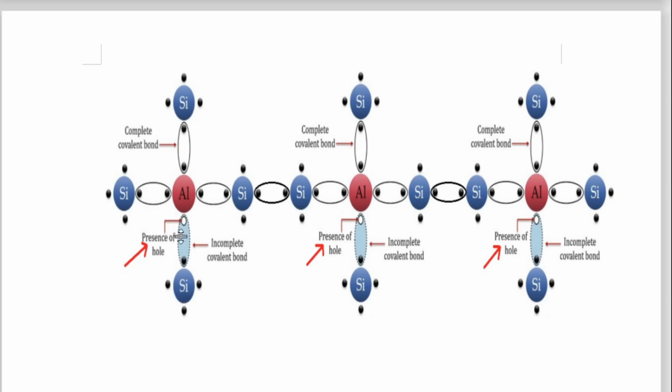That non-having of the electron is represented as a vacancy of electron, and that is nothing but a hole. In this way, if you add 3 aluminum impurity atoms, which are trivalent, you are in a position to create 3 holes.